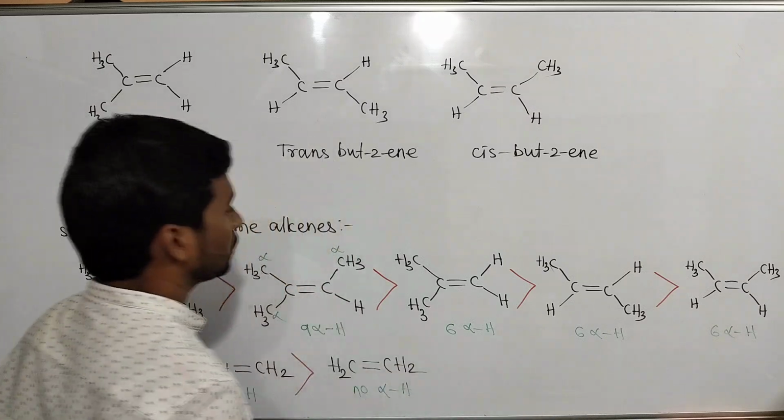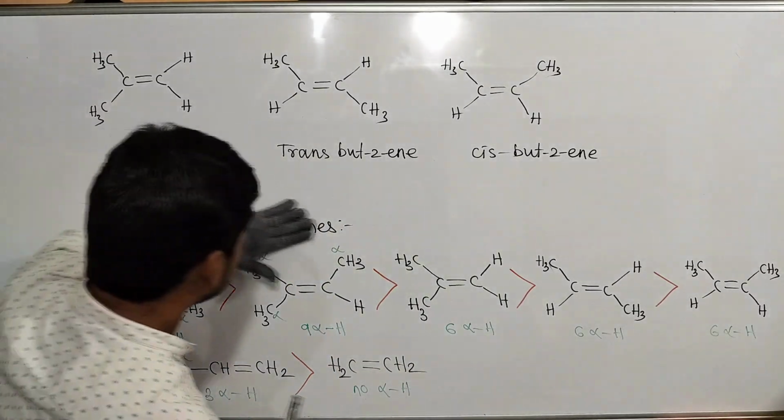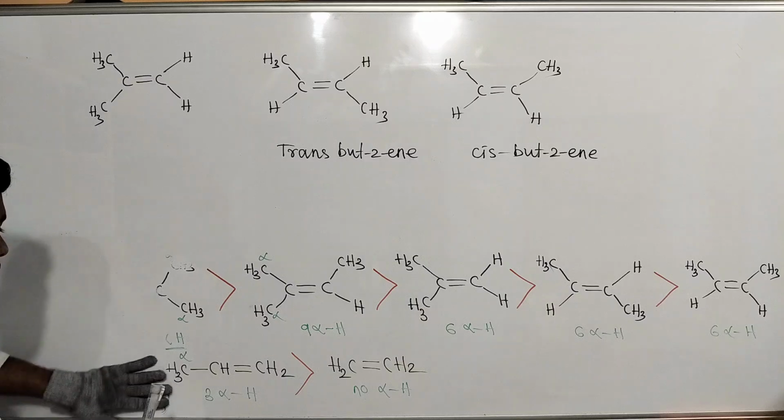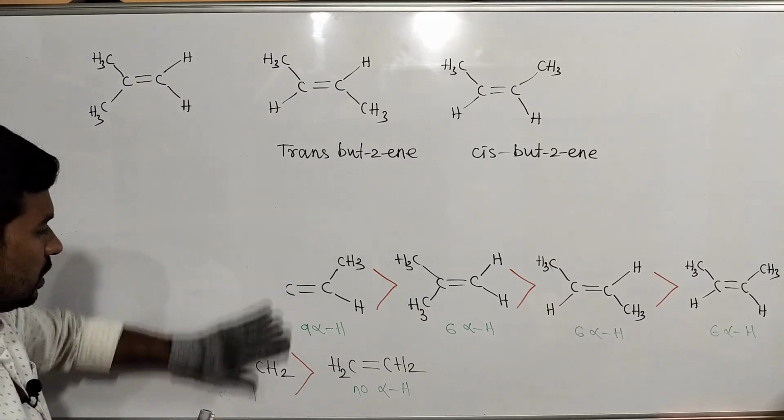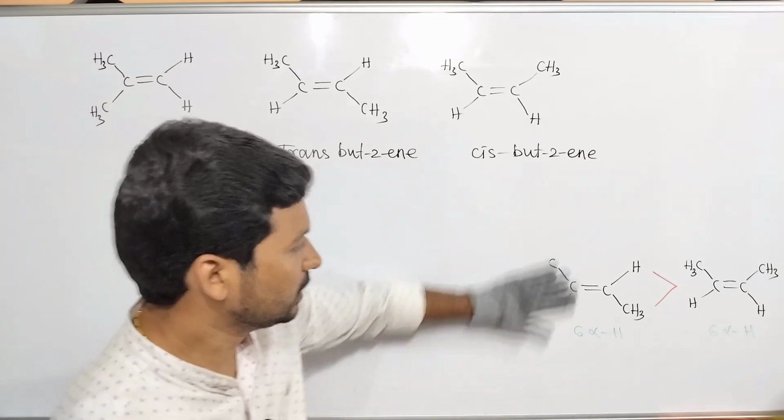So always trans is more stable than cis. Trans alkenes are more stable than cis. Remember that point.